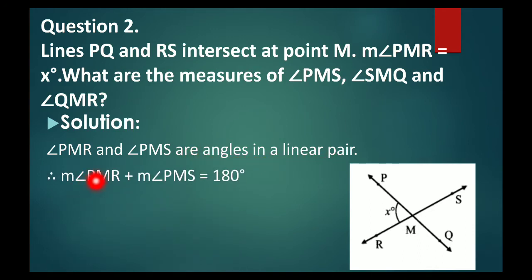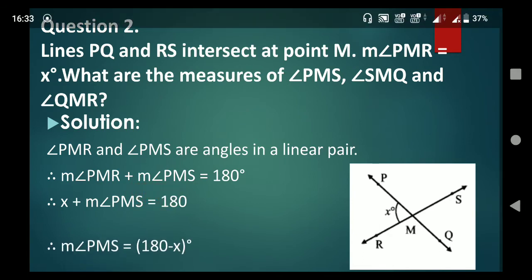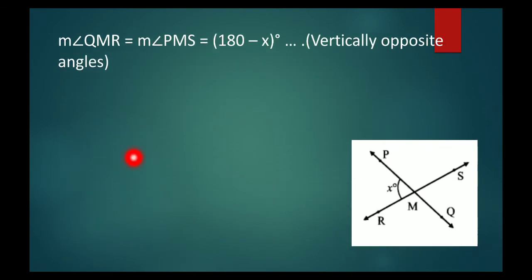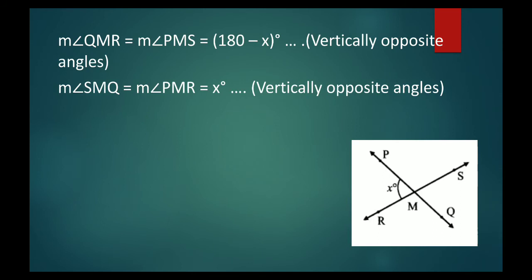Angle PMR and angle PMS are angles in a linear pair. Measure of angle PMR plus measure of angle PMS is equal to 180 degrees. x plus measure of angle PMS is equal to 180 degrees. Measure of angle PMS is equal to 180 minus x degrees. Measure of angle QMR is equal to measure of angle PMS, which is 180 minus x degrees, because of vertically opposite angles.